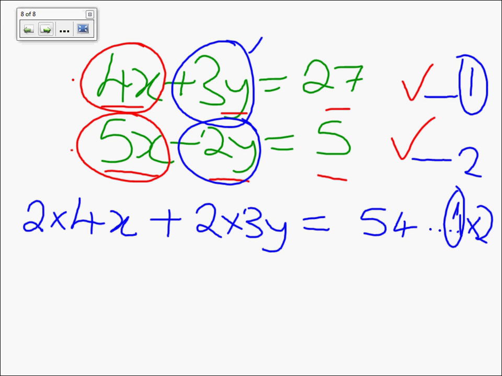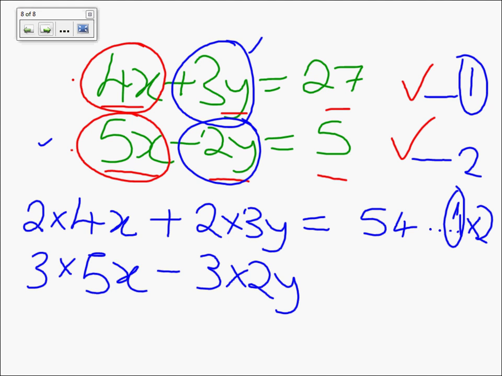To make the y term in equation 2 also 6, I'm going to multiply it by 3. So I go 3 times 5x minus 3 times 2y is equal to 3 times 5, so 15. Equation 2 has been multiplied by 3.